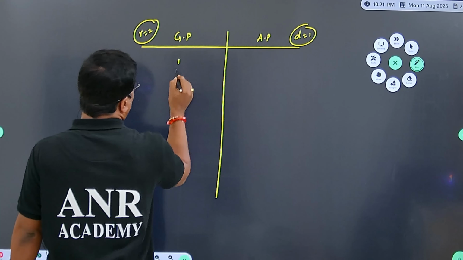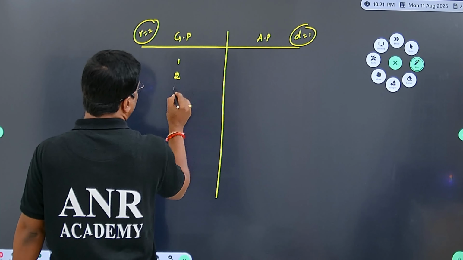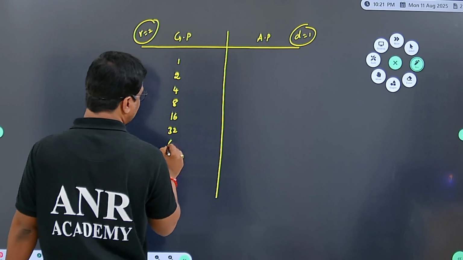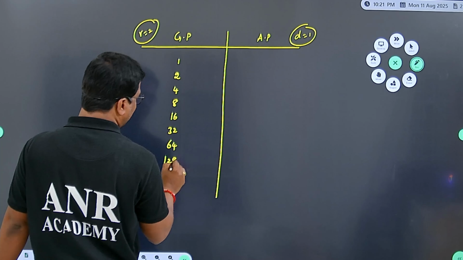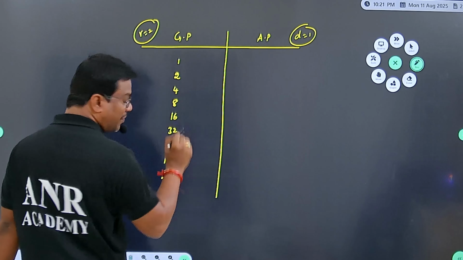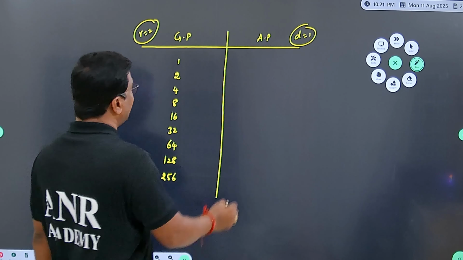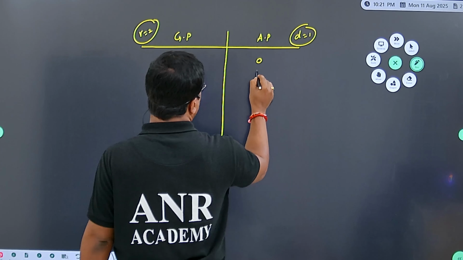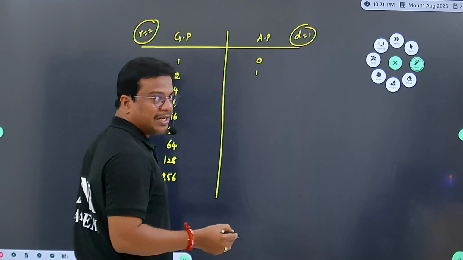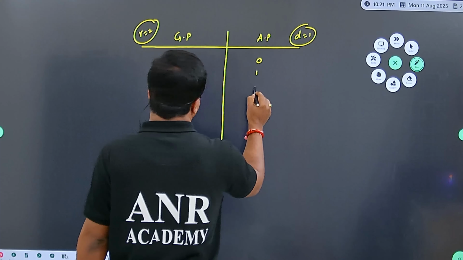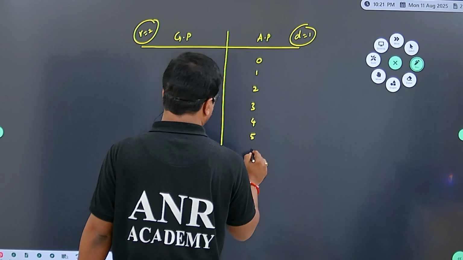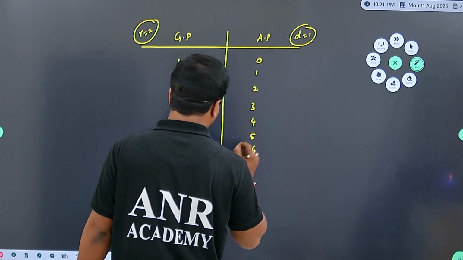Start with 1 with ratio 2, next element 2, and then 4, after that 8, next 16, and then 32, 64, 128, after that you will get 256. Start with 0 with the difference 1, the sequence of terms in AP in the second column. So 0, 1, 2, 3, 4, 5, 6, 7, 8 we get.